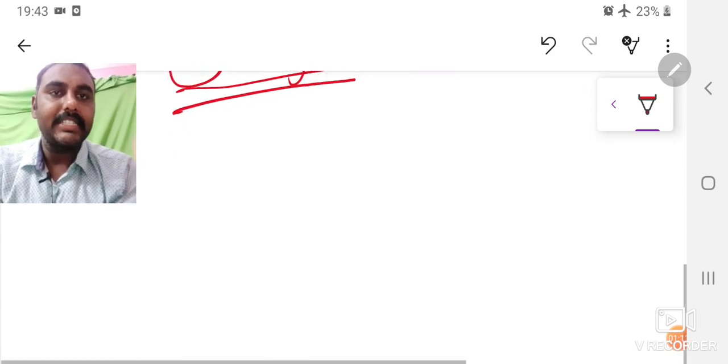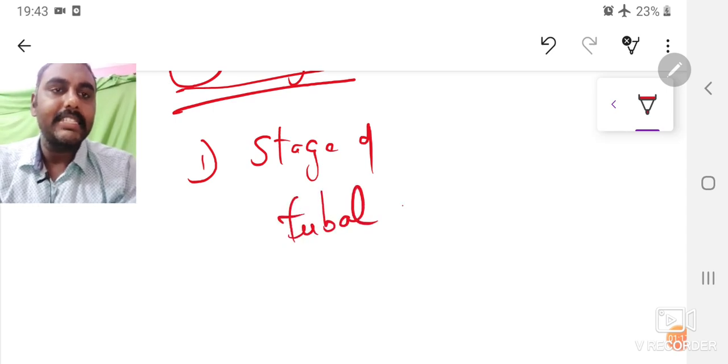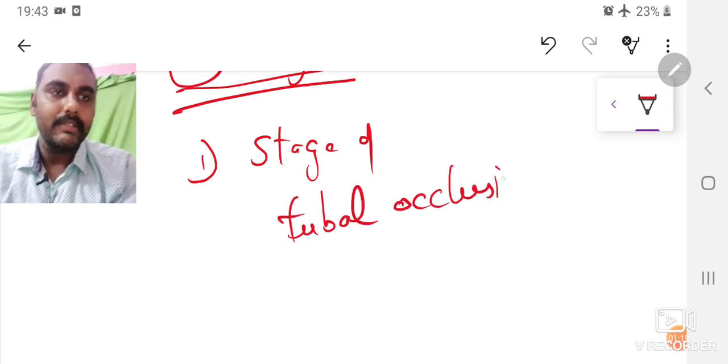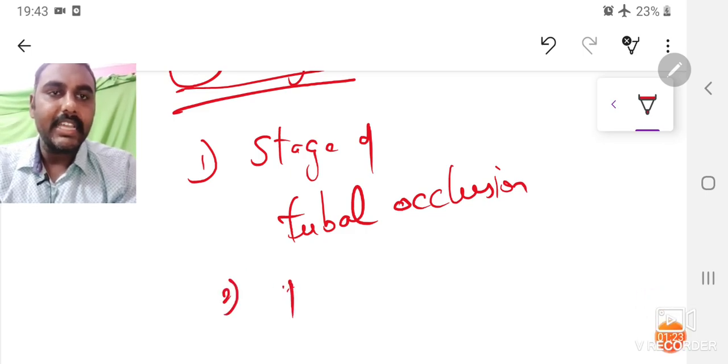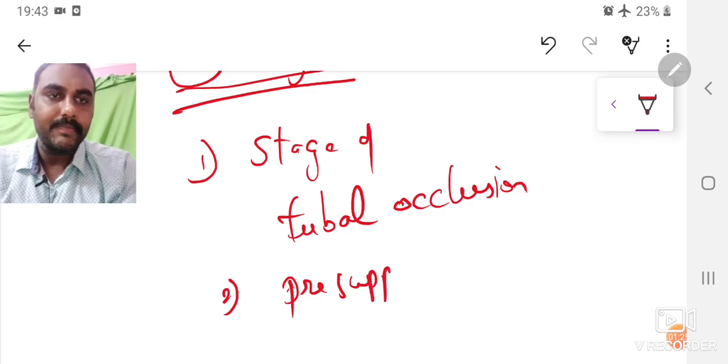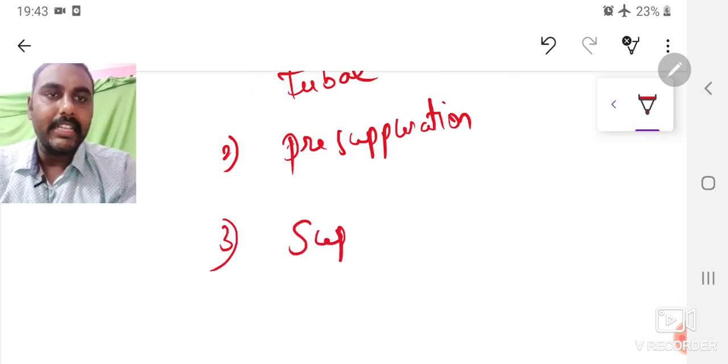The first stage is the stage of tubal occlusion. The second stage is the stage of pre-suppuration. The third stage is the stage of suppuration.